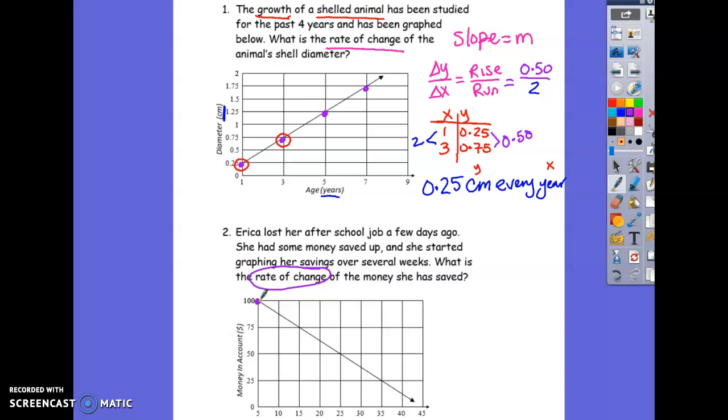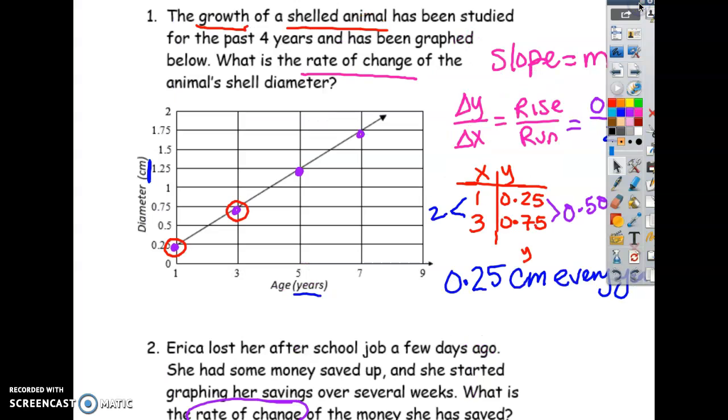right? And then after a few, here's another point right here. So we're going to plot those in a table. I'm going to bring it down.